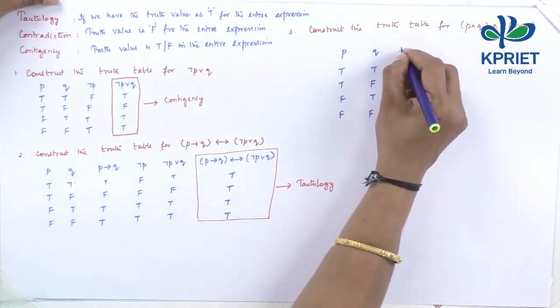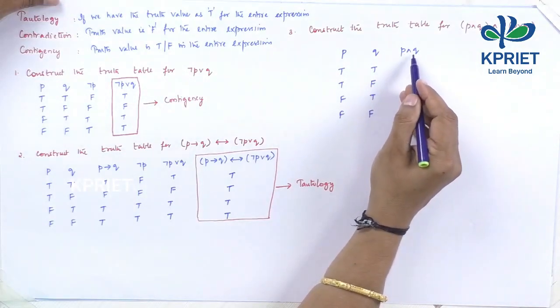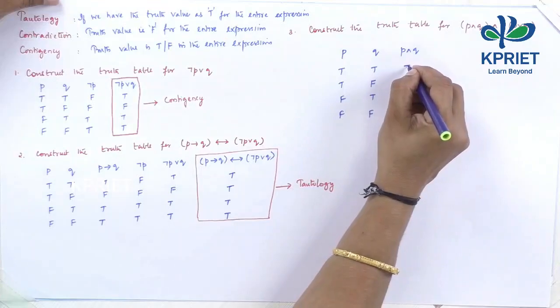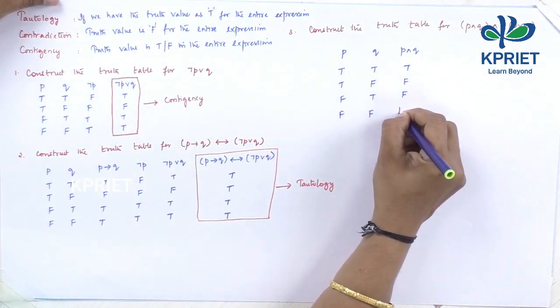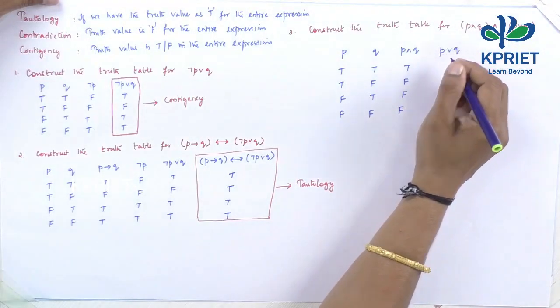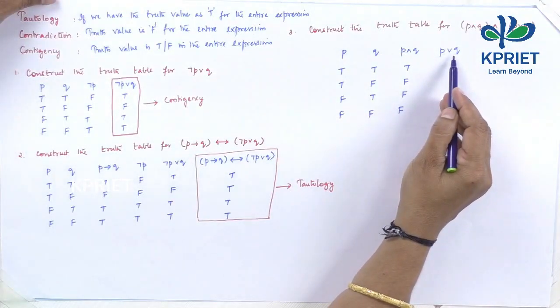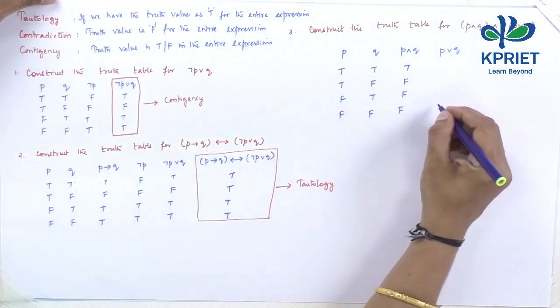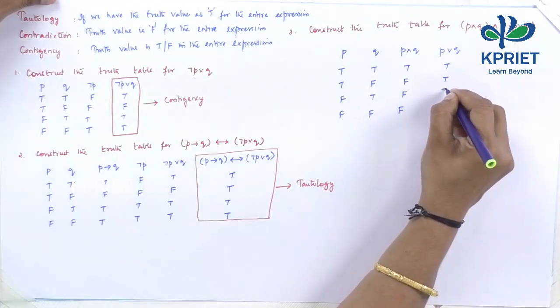Next I should find out P and Q. If both P and Q have the truth value T, then the net resultant will be T. If not, it will be F everywhere. Then we will have to find out P or Q. P or Q is F only if both P and Q have the truth value F, and elsewhere it will be T.